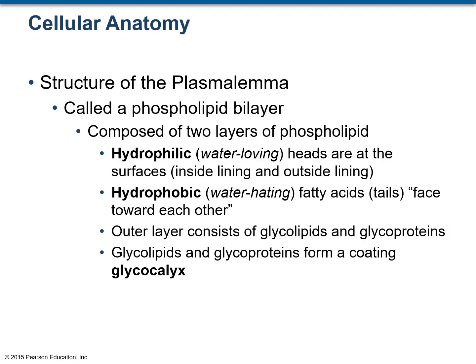So the phospholipid bilayer is made up of the hydrophilic heads which line the inside and the outside, while the hydrophobic tails are in the middle. The glycolipids and the glycoproteins, that means proteins that also have sugar moieties attached to them, form a special coating which is known as the glycocalyx.